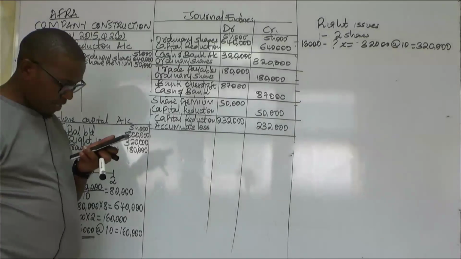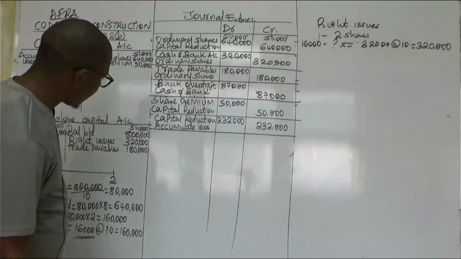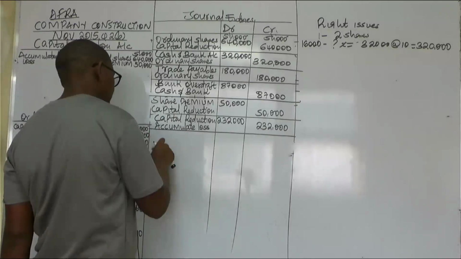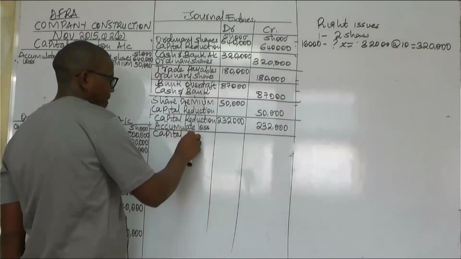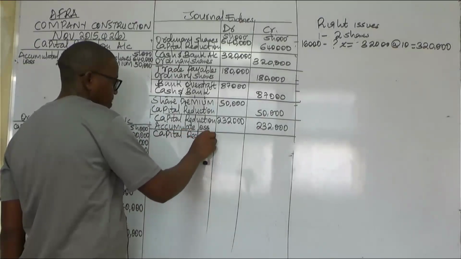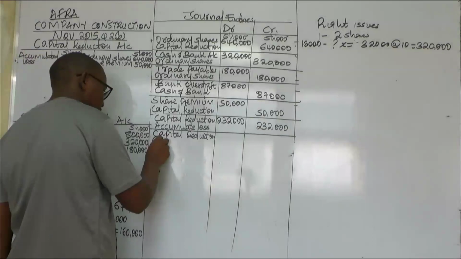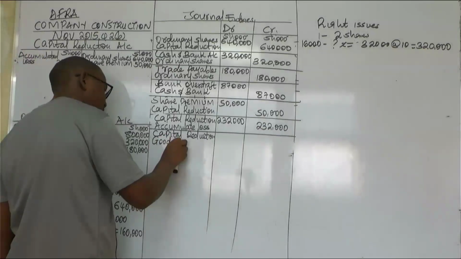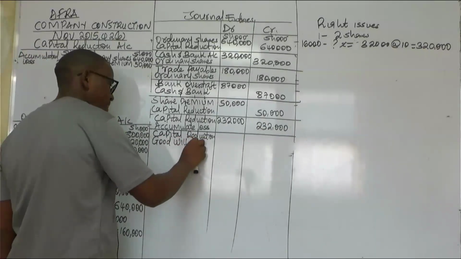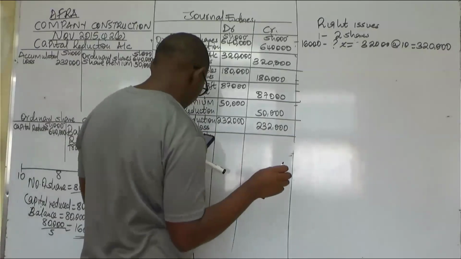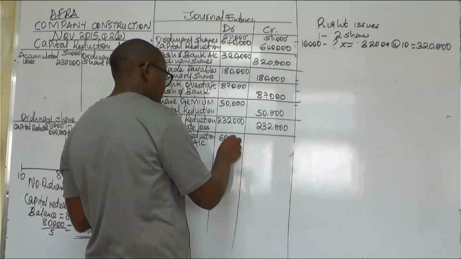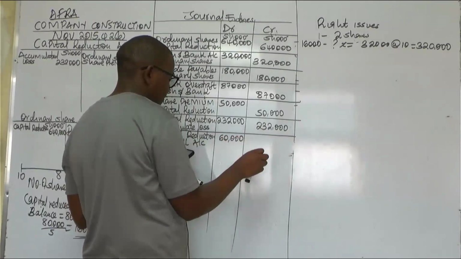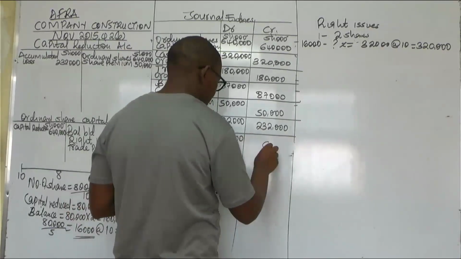We also had the goodwill. To write off goodwill, you debit the capital reduction. We credit the goodwill account. Capital reduction here, the goodwill was of 60,000. No, this will be 60.